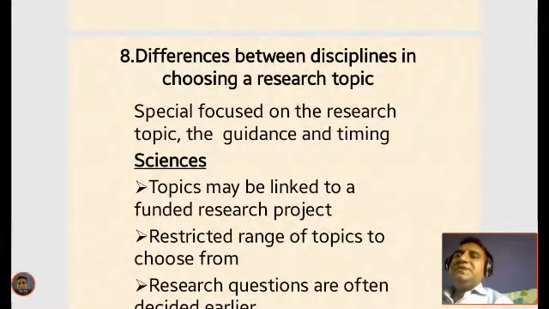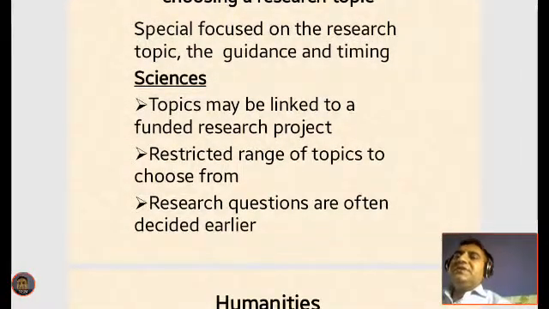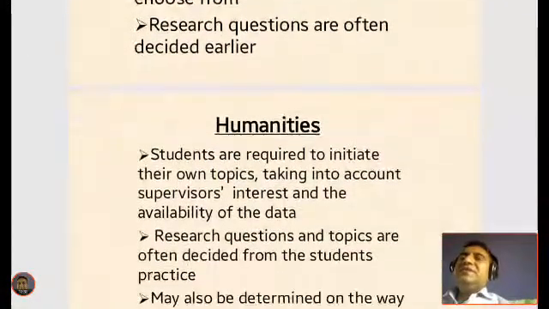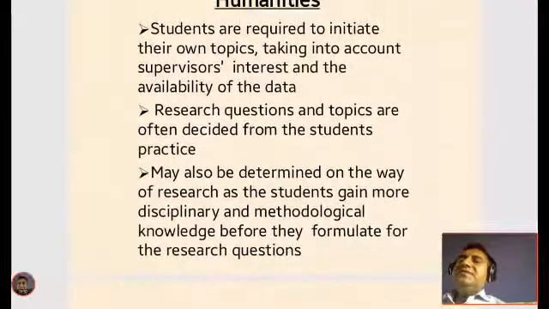Differences between disciplines in choosing a research topic. Special focus is given on the research topic, the guidance and the timing. Topics may be linked to a funded research project. Restricted range of topics to choose from. Research questions are often decided earlier. Humanities.